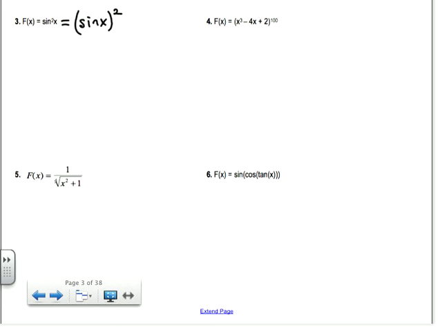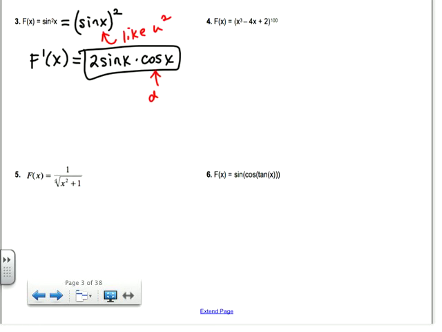How do you take the derivative of u squared? 2u, right? Derivative of u squared is 2u. So the derivative of f is going to be, think of this as u squared, 2 times whatever that inside part was, u, times the derivative of what was inside. So what's the derivative of what's inside? Cosine of x. That's your answer.